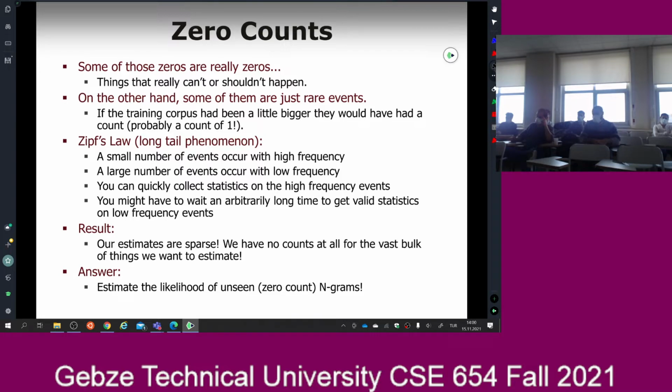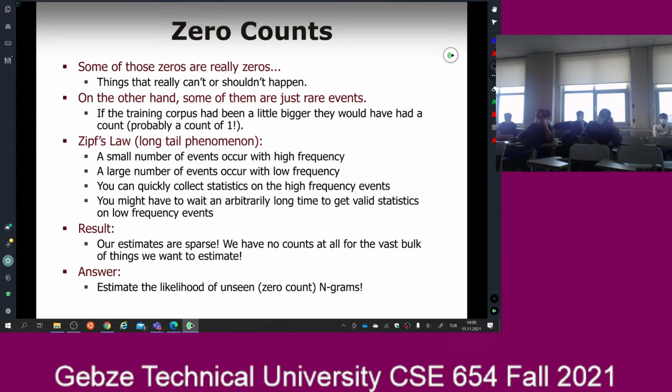That doesn't mean that there are no other diseases in the people, because there is a very large number of diseases and people are having these diseases, but they don't occur very frequently. So a large number of events occur with a low frequency.